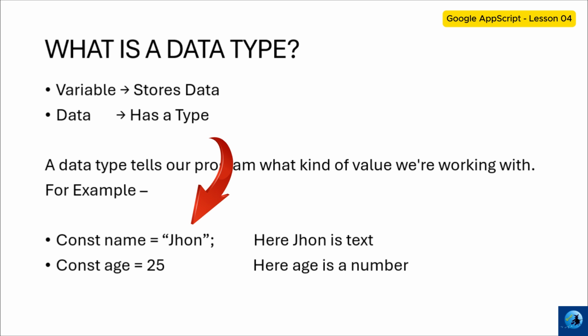For the second one, we have assigned a variable called age, and the value we have assigned is 25. Here 25 is a number. So although both values are stored inside variables, here the variable is const, they represent different types of data. Understanding data types is important because different types of data behave differently in our programs.